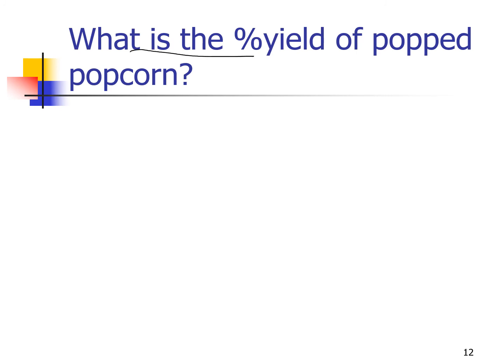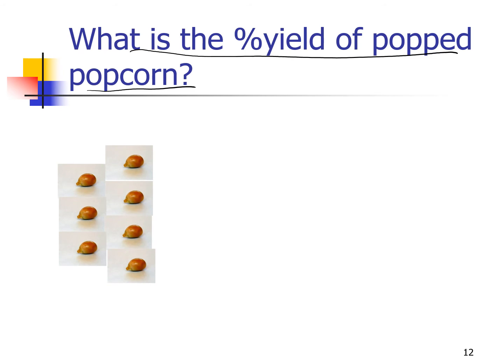What is the percent yield of popped popcorn? When you make popcorn, you start with these popcorn kernels. So I have started here with 7 kernels. When I add heat to my kernels and pop them, I, in theory, could produce 7 pieces of popcorn. So my theoretical yield is 7.